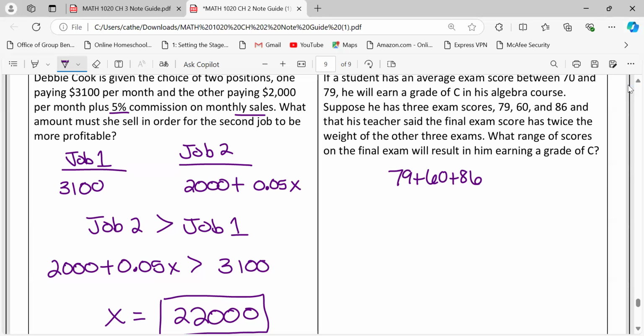We don't know what the score is. It's going to be 2x. And to find the average, we're going to divide by 5 because the final exam counts twice. It's like two exams. So essentially you're taking 5. So the average needs to be between 70 and 79.